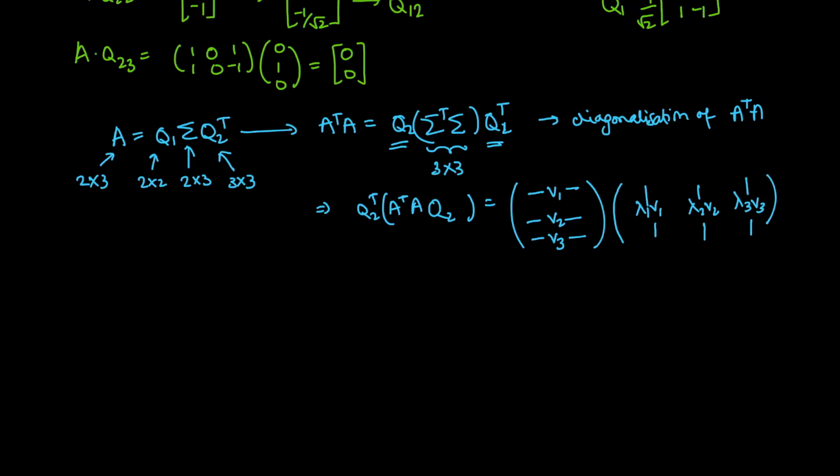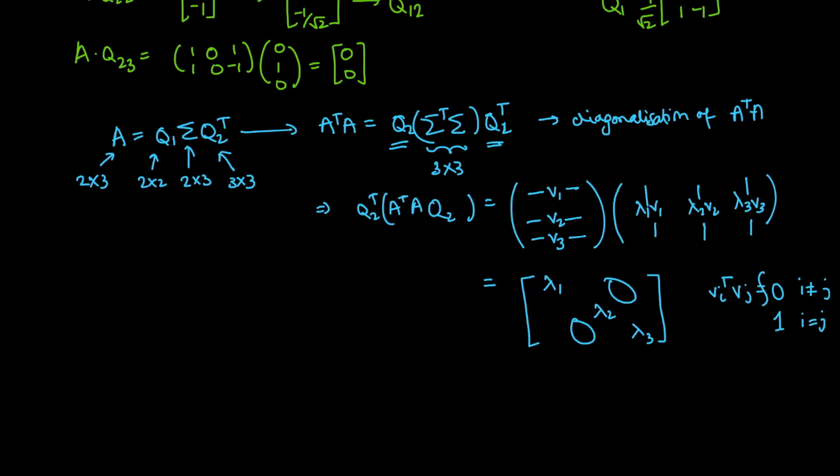Now since the Vi's are orthonormal, we will have lambda 1, lambda 2 and lambda 3 on the diagonal, and all non-diagonal elements will be 0. Because we know that Vi transpose Vj is equal to 0 if i is not equal to j, and equal to 1 if i is equal to j. This is the condition for orthonormality of the set of Vi's.